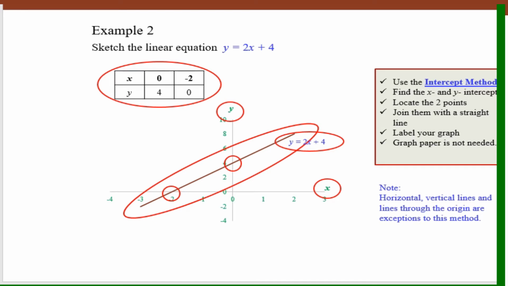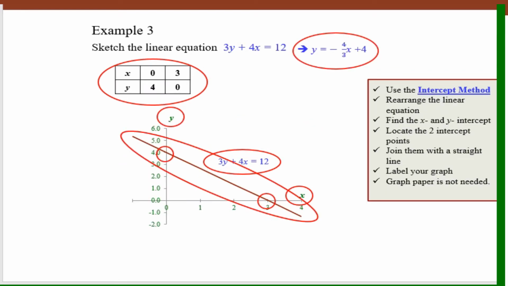You're pretty much sorted. Okay, sketch the linear line 3y plus 4x equals to 12. If you cannot see it, you can jumble it up and change it to y equals to mx plus c. You will get y equals to negative 4 over 3 x plus 4. Or if I were you, I would just leave it this way because you want to find the 2 points, right? When x is 0, 3y equals to 12, y is 4.